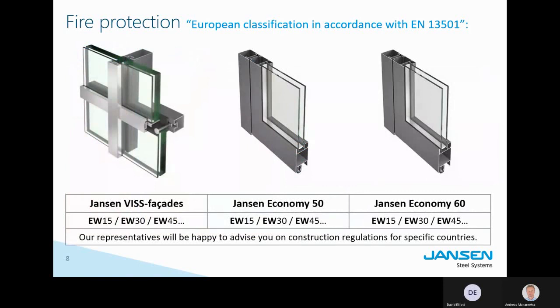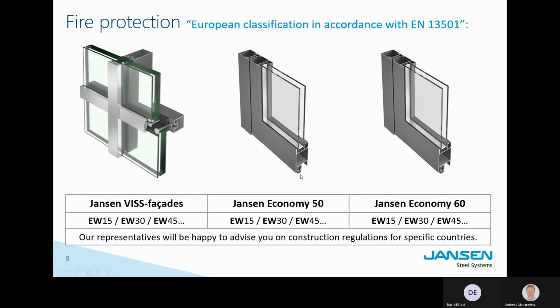What's more, here the systems. We can do facades in this class, as you see, between 15 and 45 minutes. We can do doors, Economy 50, Economy 60. Here classes between 50 and 45, and I think it goes even further depending on the glass that you use. And here, by the way, you see a drop-down ceiling that is installed in the sill section of the door.